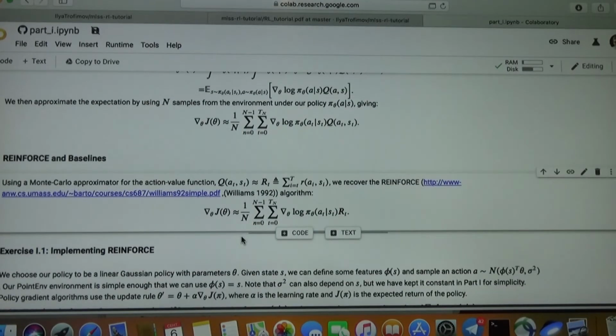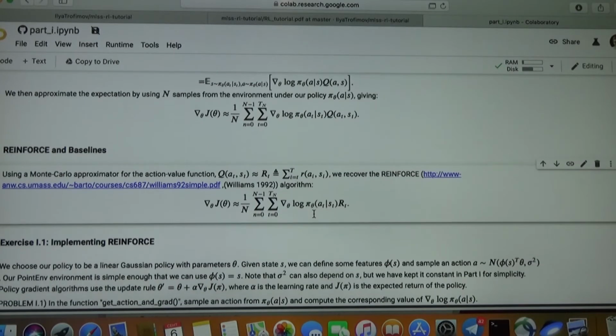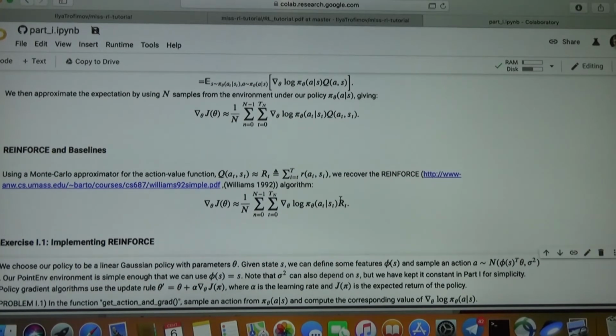Now we are working with the reinforcement learning problem, and sampling from the integral means that we allow our agent to play its game until the end. So we play several episodes, and we want to maximize the expected return, as you remember, I hope.